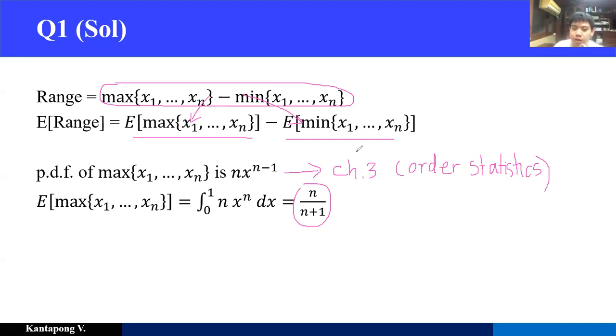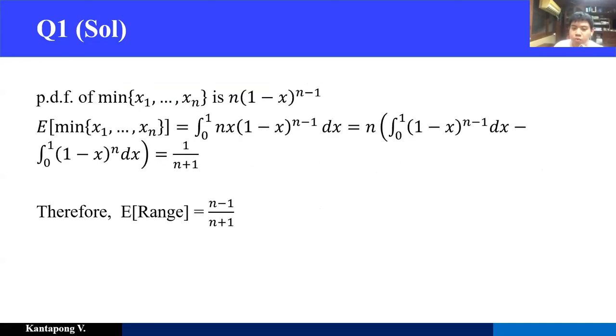Similarly, for the minimum, we get n(1 minus x) to the power n minus 1. From the expectation, we can integrate, and we get this.